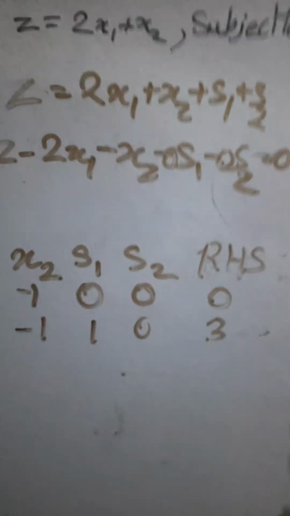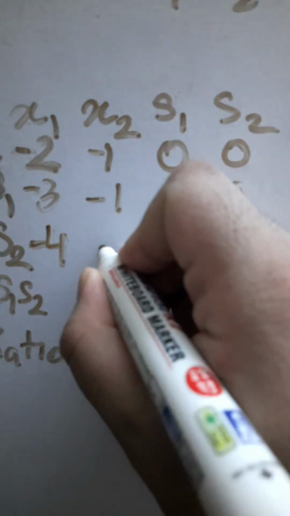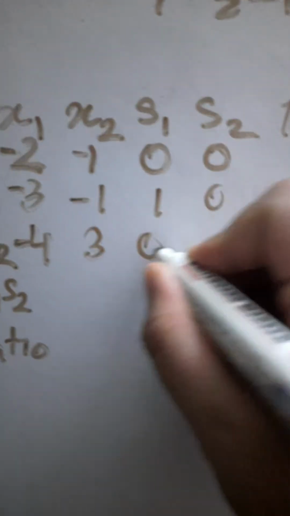We took the equation this side because otherwise it won't have x1, x2 values, and everything would come in RHS. Now at least we have RHS 0 and x1, x2 in LHS. That's why in the Z equation we take it to the other side, RHS to LHS, okay. Now in S2, it is -4, 3, 0, 1, 6.